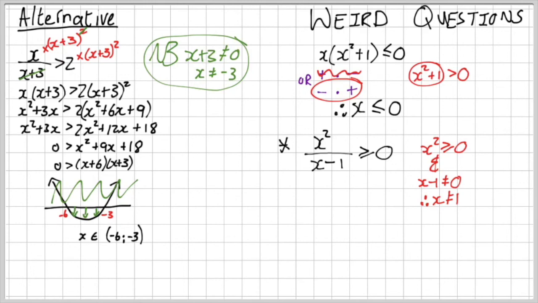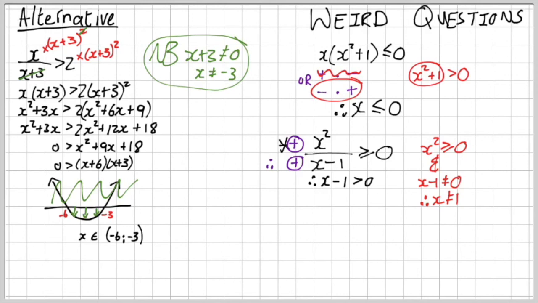So this means, ladies and gents, that the top part is always a positive. So the bottom part also has to be a positive because a positive divided by a positive gives a positive, and my answer needs to be a positive. So in other words, x minus 1 must be greater than 0. Now here's a difference.